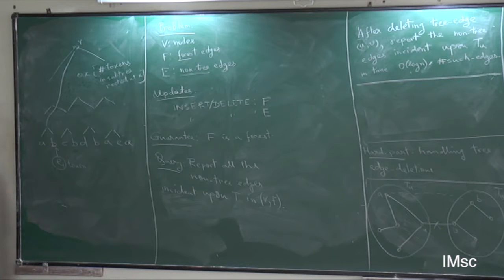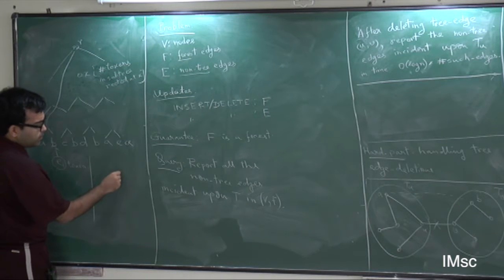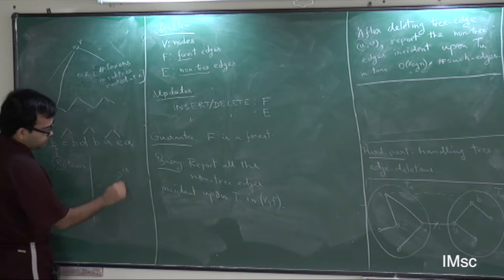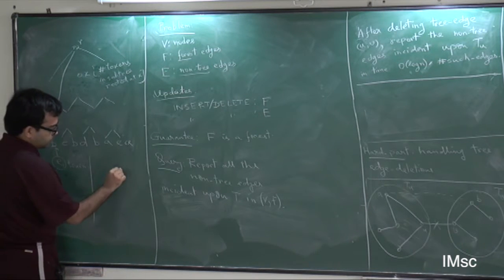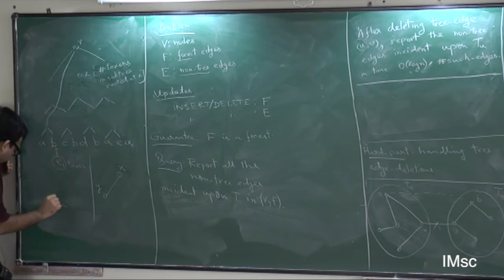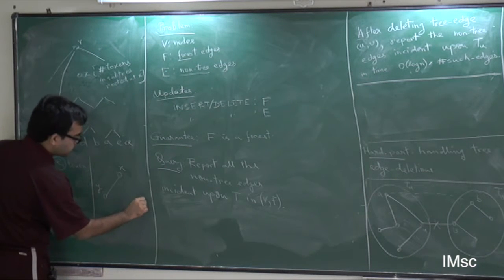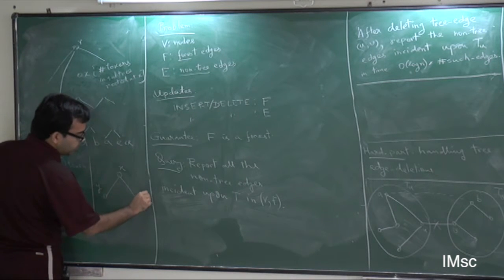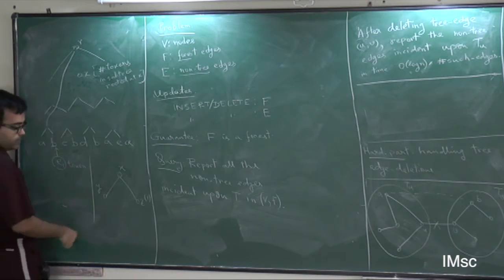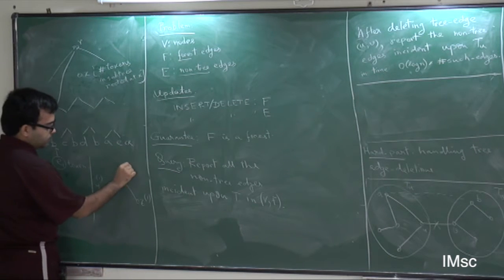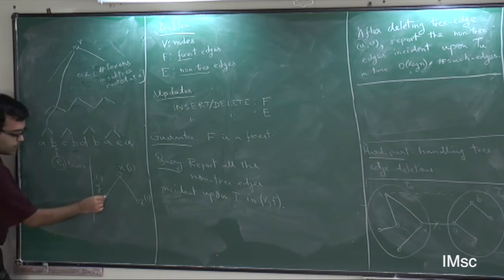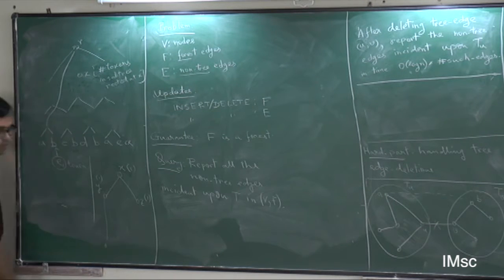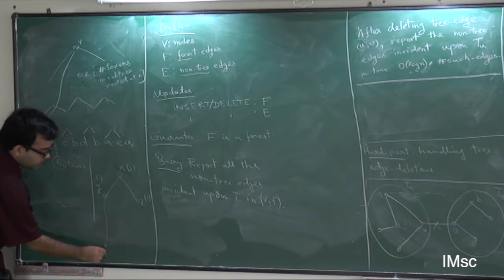What he was suggesting, but even with bits I think it will be fine. Let us just work it out. Suppose there is u, v, x, y, z, and suppose the bit here was 1, the bit here was 1, the bit here was 1, and there was this path from y, and here you deleted one token.